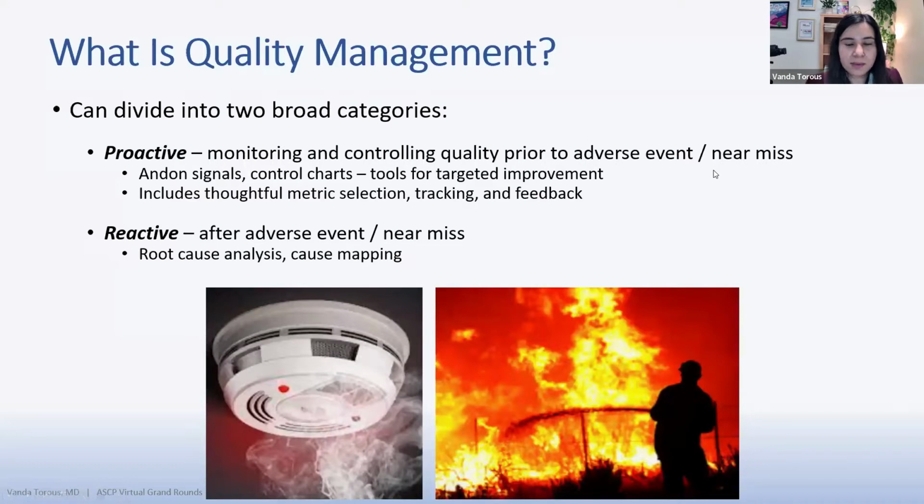That's because a lot of times there's systematic issues underlying these, which are similar between these two processes. In one instance, it may be a near miss, but in another time, it may lead to patient harm. So I think paying attention to some of these, which may be categorized as a near miss, can be just as important as those which actually cause patient harm. So something to keep in mind.